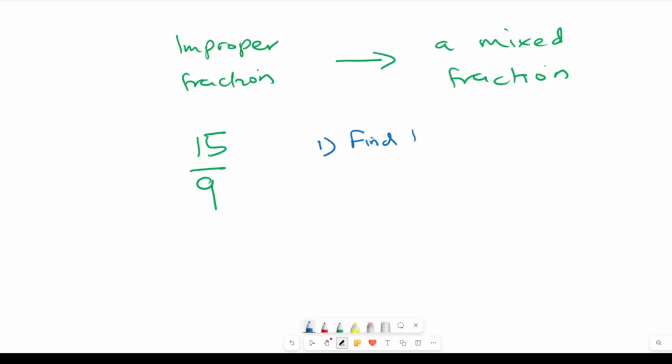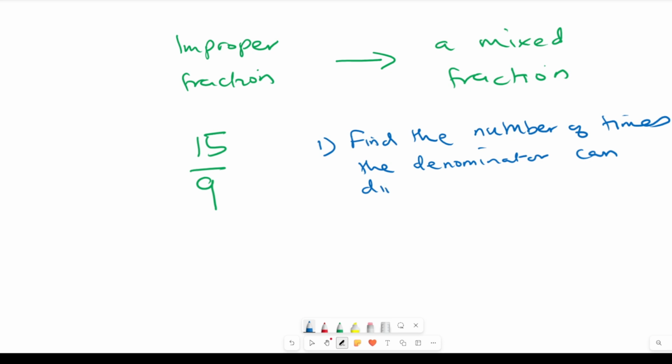Find the number of times the denominator can divide into the numerator.